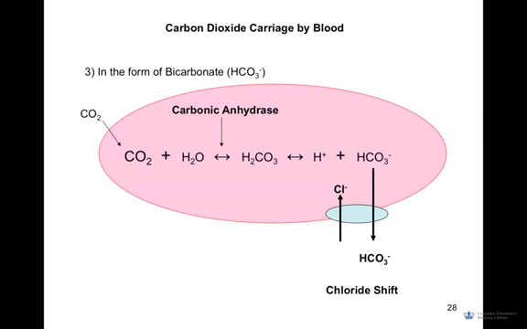CO2 diffuses across the red cell membrane, and in the presence of water and a particular enzyme called carbonic anhydrase, CO2 will form H2CO3, which is carbonic acid, and carbonic acid ionizes into free hydrogen and bicarbonate. Okay. So this is happening in the red blood cell, okay? And you can see this is all reversible.